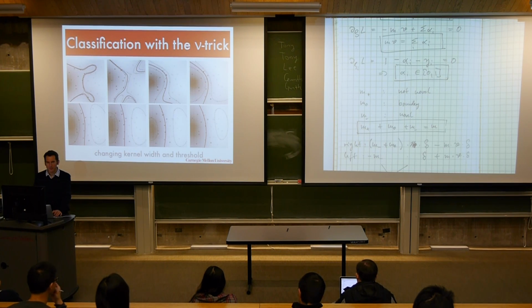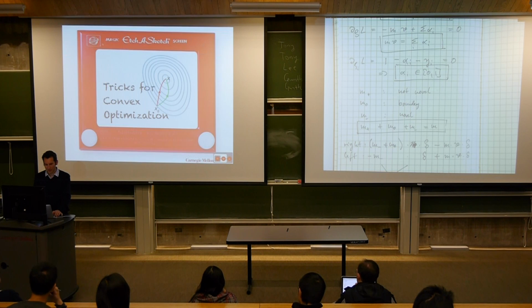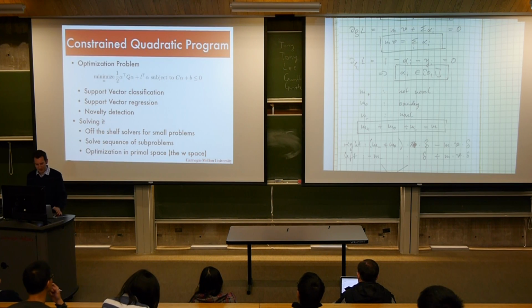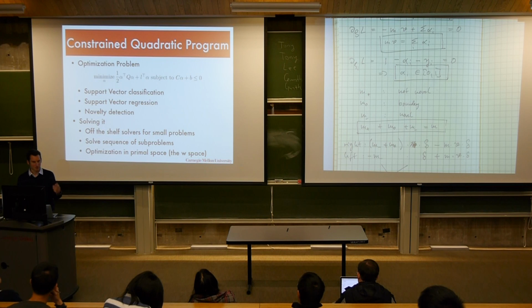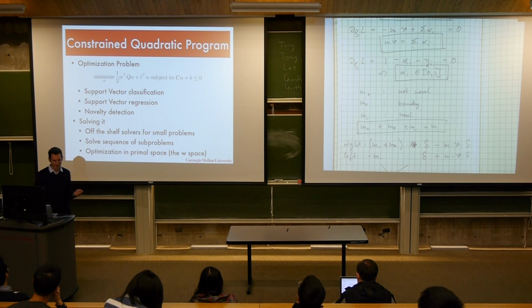Okay. So one thing that I haven't really told you about is how you solve large optimization problems. So this is just a list of simple tricks that you can use for SVMs or other problems of that form. So I'm going to look in general at a constrained quadratic program. So I minimize 1/2 alpha transpose Q alpha plus L transpose alpha, subject to some constraints.